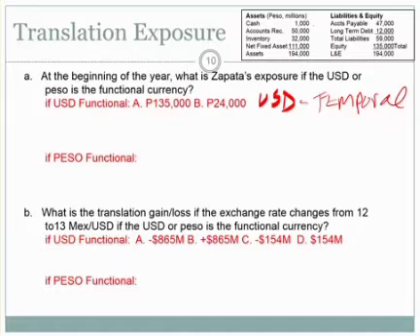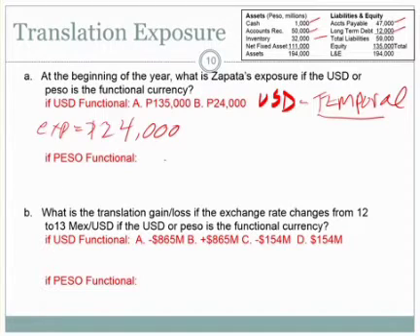Temporal method is monetary assets and liabilities. Monetary assets, cash, receivables, payables, debt, inventory. So my exposure to the peso would be the sum of those accounts, which would be 24,000 pesos, using the temporal method.